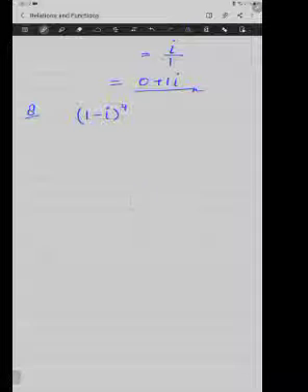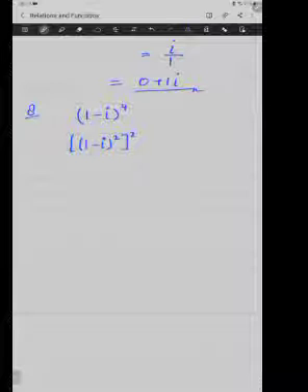See, 1 minus i to whole power 4. Till date, we do not know how to do it for power 4. So what I'm doing is 1 minus i to whole square, to whole square. It will be a minus b whole square, a square plus b square minus 2ab, to whole square.